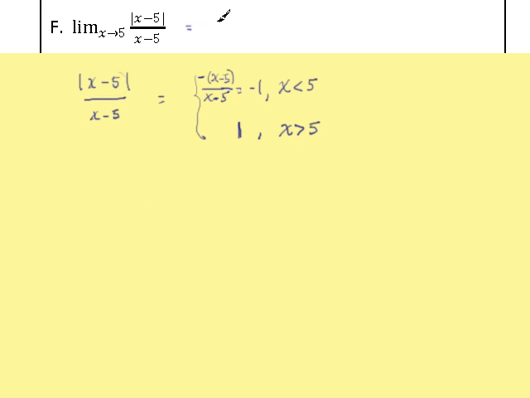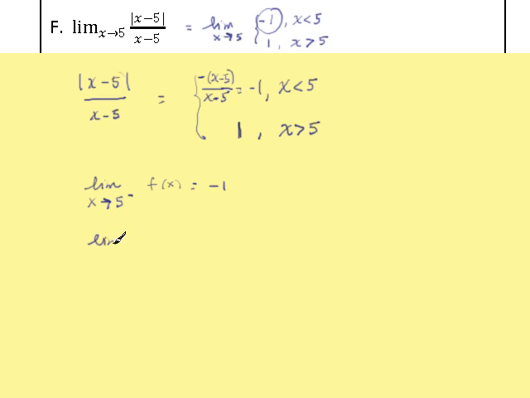Okay, so this is equal to the limit as x goes to 5 of a function that's equal to minus 1 when x is less than 5, and 1 when x is greater than 5. If we take the limit as x goes to 5 from the left of our function, we simply have minus 1.